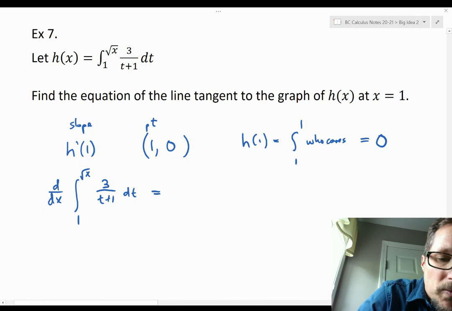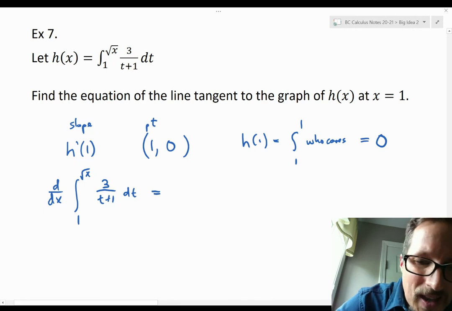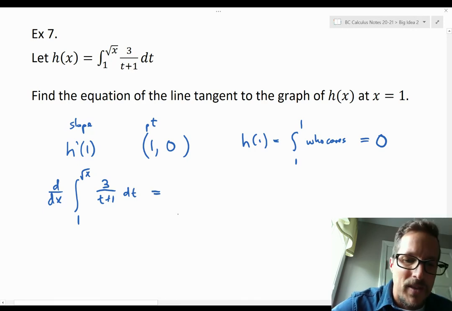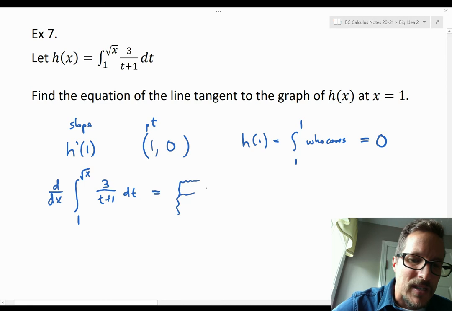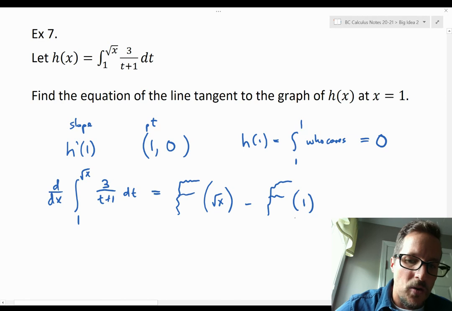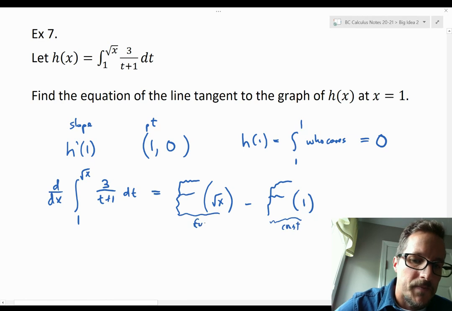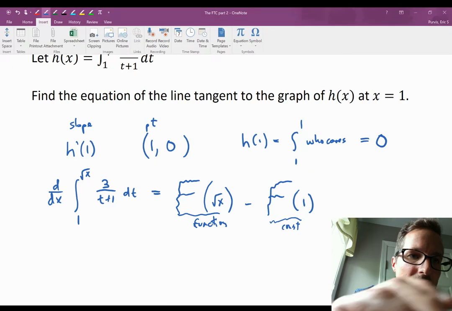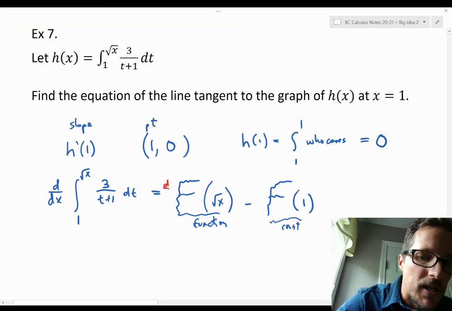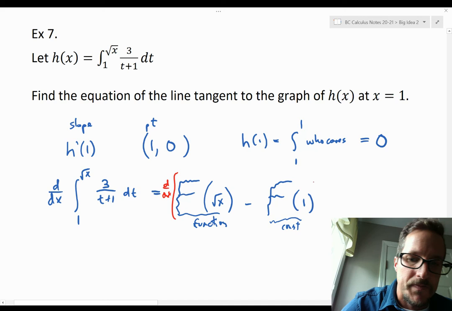Well, if I run through my routine, I'm thinking FTC part 1. I'm thinking mysterious antiderivative at root x minus mysterious antiderivative at 1. I know this is a constant. I know this is a function. I'm not worried about what that actually looks like because I'm just going to turn around and take its derivative.